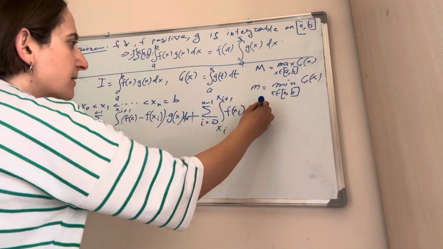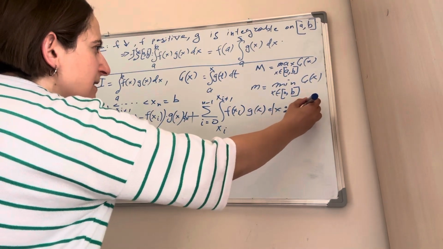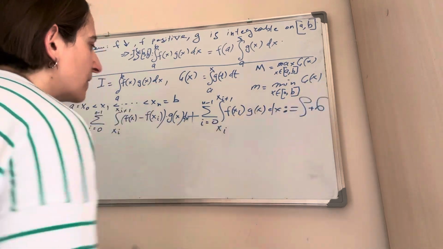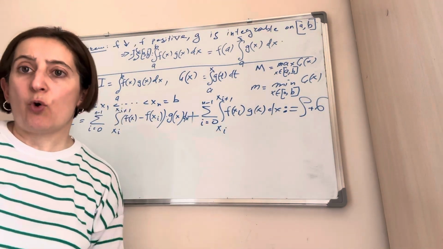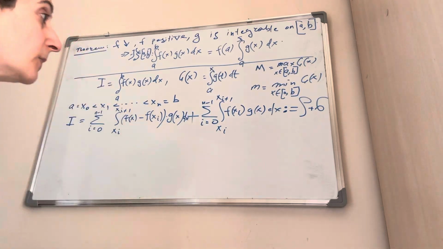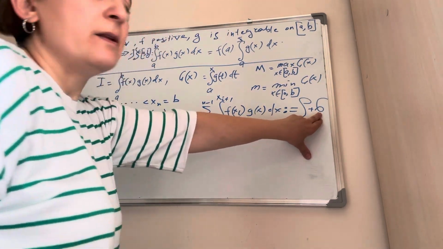Okay, and this will be denoted as rho plus sigma. So we introduced this integral as a sum of two segments. Let's estimate rho and then sigma.